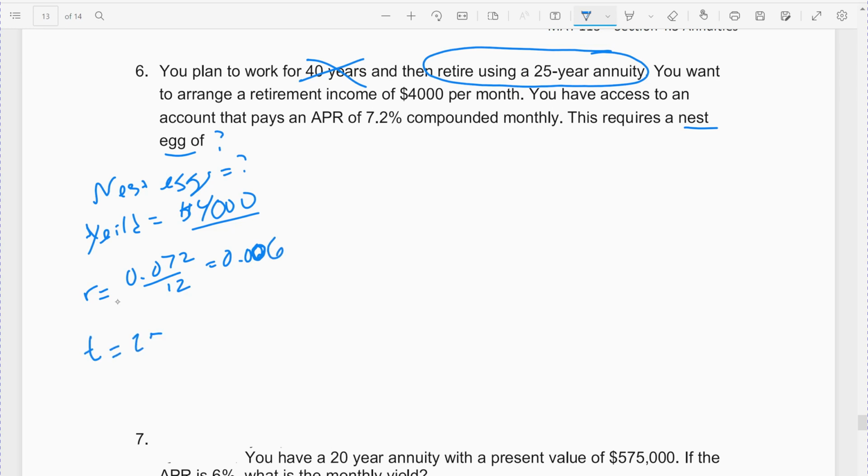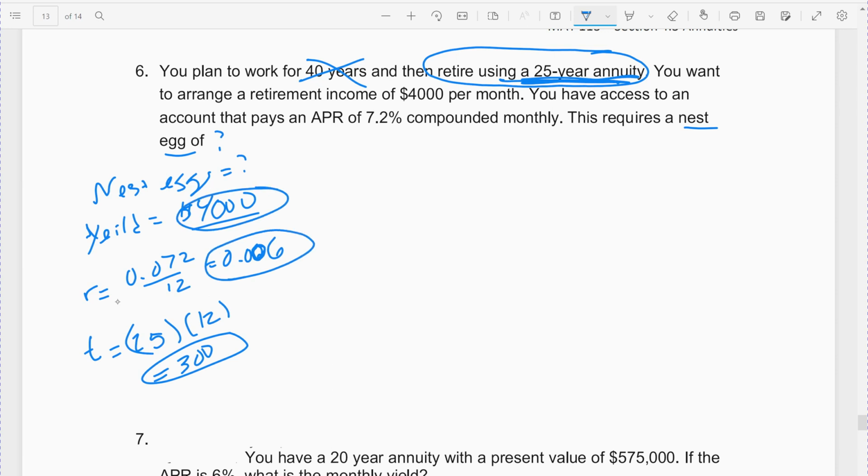T is the 25. That's the tricky part of this problem. We only want to use the 25. We don't want to use the 40. The nest egg that you're going to live off of is set up for 25 years. Alright, so it's going to last for 25 years. Alright, so 25 times 12, so it's going to last for 300 months.